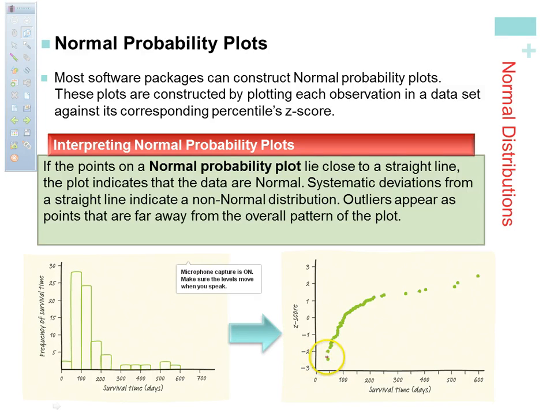So this dot right here represents a guinea pig that survived a little less than 50 days, and then that guinea pig fell a little over 2.5 standard deviations below the mean survival time, because his z-score is negative 2.5. It looks like it may be a little bit higher than negative 2.5. So it plots an individual's value against its z-score, against its location in the distribution, right?